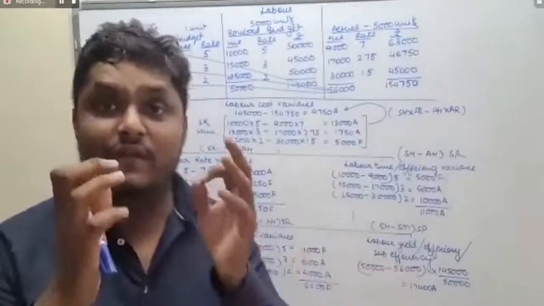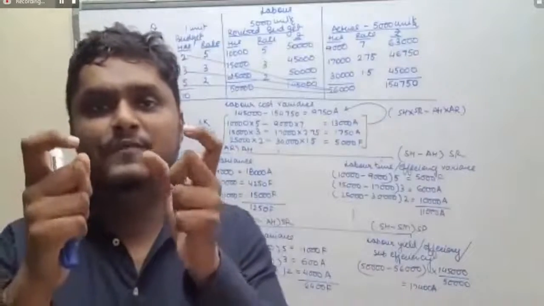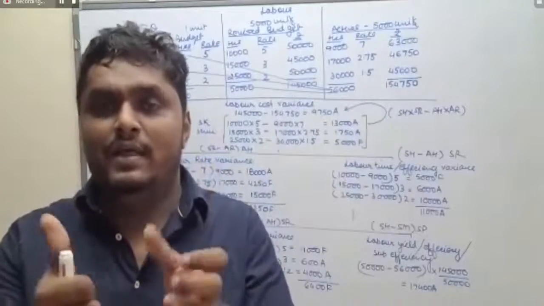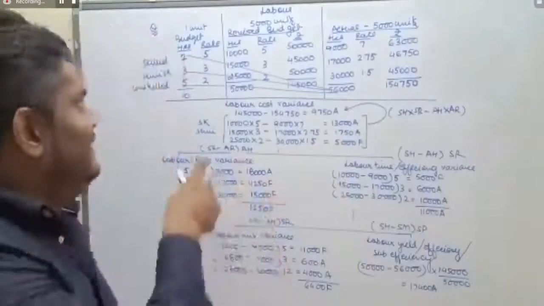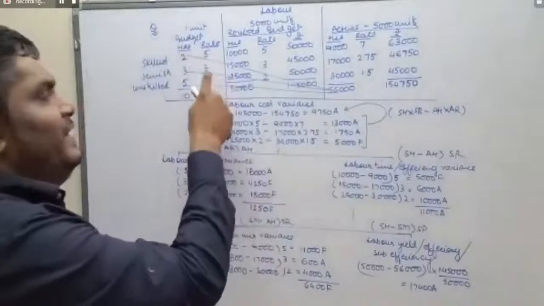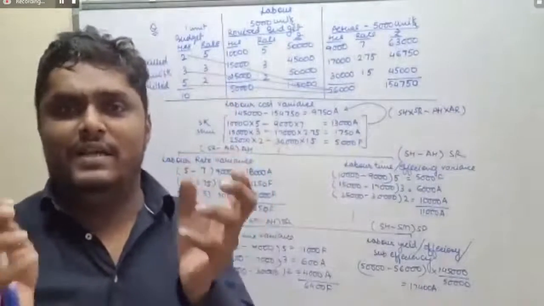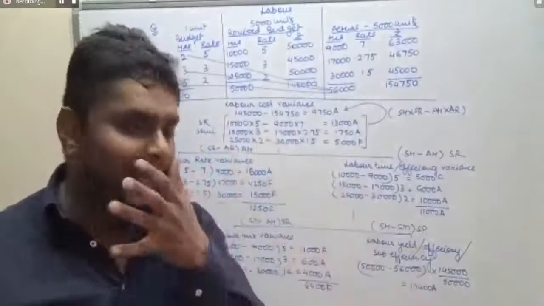So the difference is of 6,000 hours. Now this 6,000 hours, certain hours will be of skilled, semi-skilled and unskilled. One way is you can divide it in the ratio of 2:3:5 and multiply it by 5, 3 and 2 respectively. Alternatively, better take the weighted average rate and save your time and get the answer. That's it.